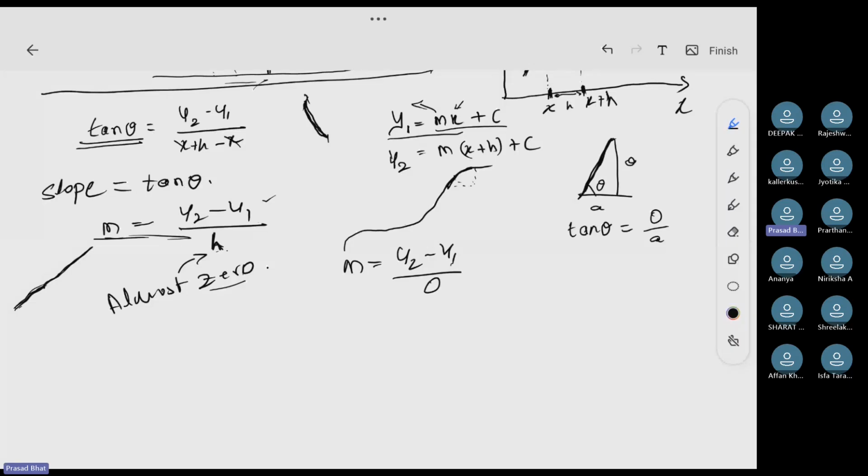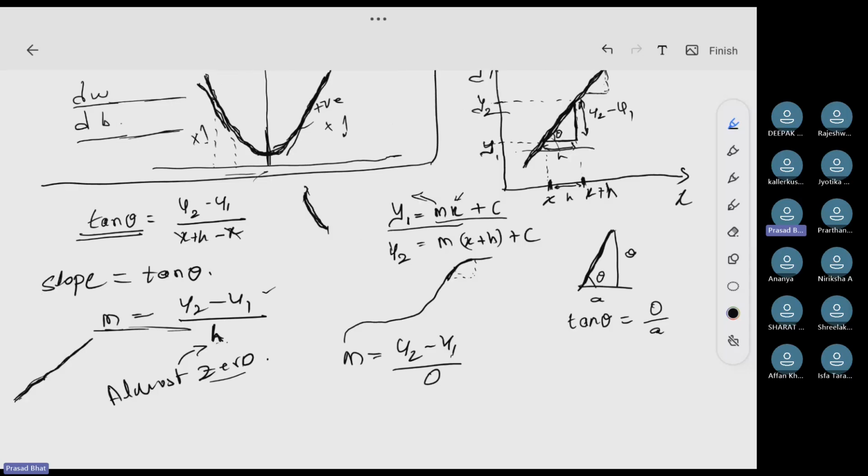The reason we need to do that is that the curve is continuously changing, and if you are not pinpointing a single point, you cannot determine the slope at all, because the curve changes from one point to another. The curve is different, so one single tangent you cannot draw. That is why you cannot determine the slope in that situation.